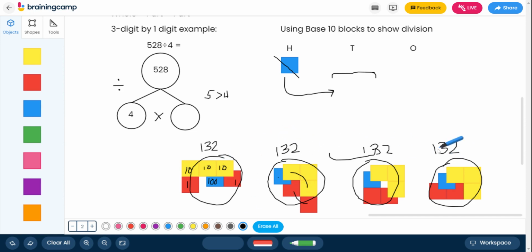if we add it all together, we will get back 528, or if we simply multiply 132 by 4, because remember, multiplication is repeated addition.